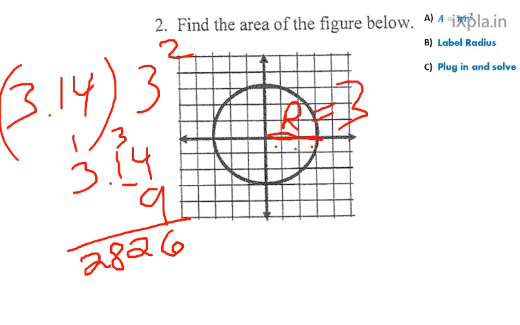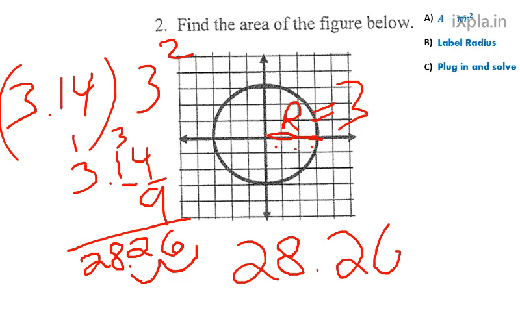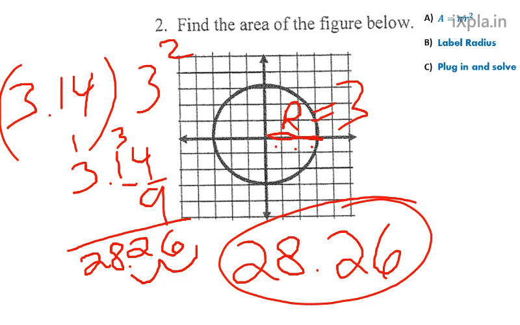And we got 2 numbers after a decimal. So starting at the right, 1, 2. And 28.26 is the area.